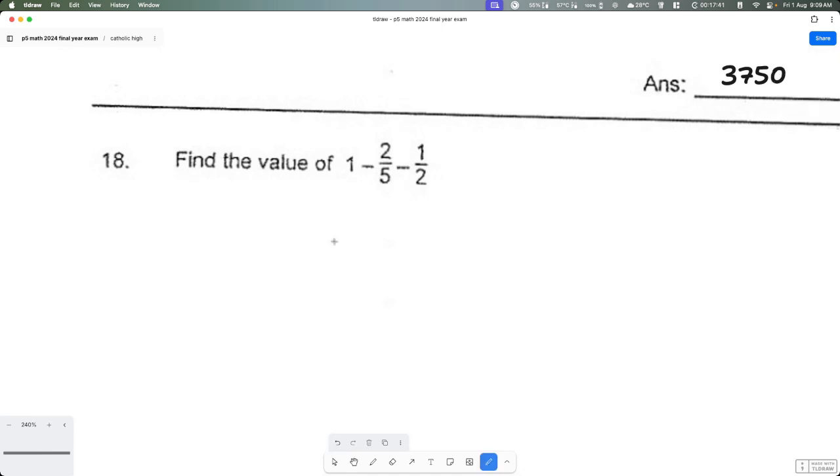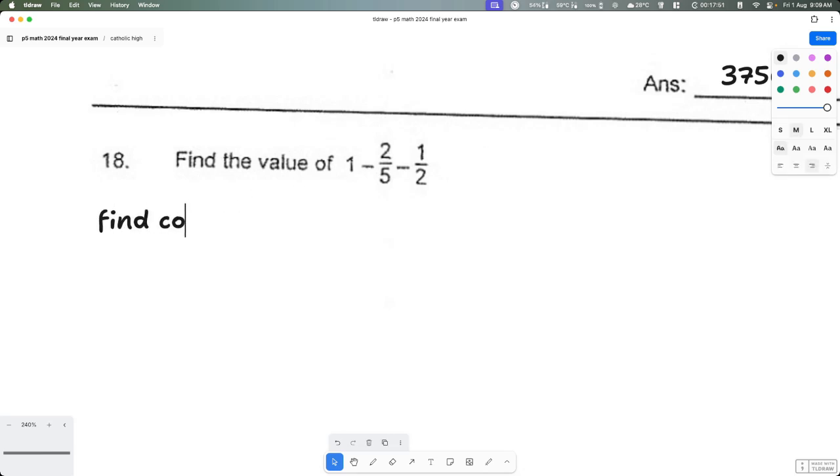Over here it says find the value of 1 minus 2 out of 5 minus half. So what we're going to do is first find the common, or lowest common multiple, for 5 and 2, which in this case is 10.